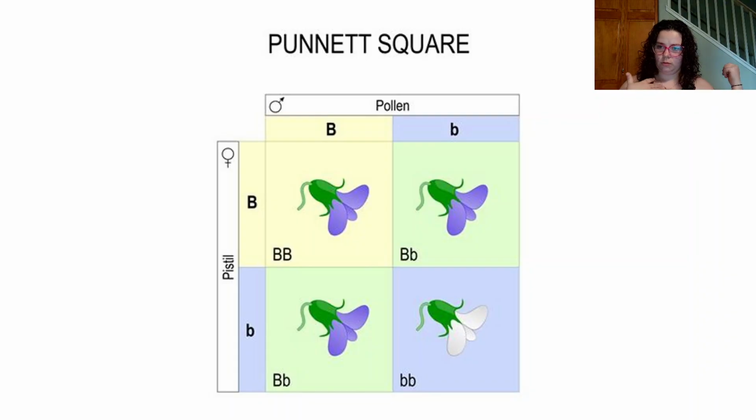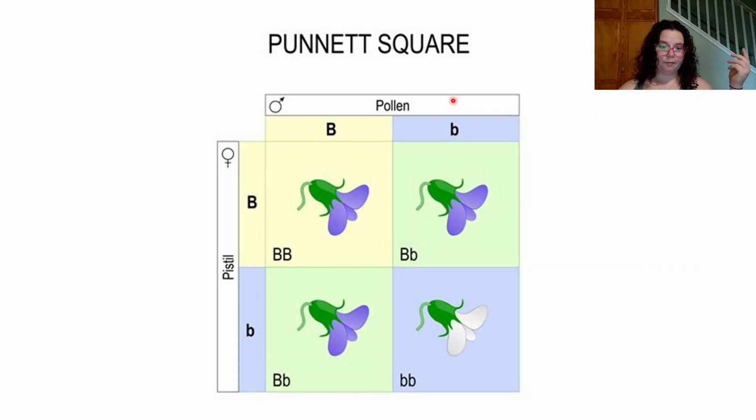So, now I will answer that question. I can identify the male parent and the female parent because it's labeled. I can identify the alleles that are passed down by each parent and the options. So there's a big B option and a little b option.